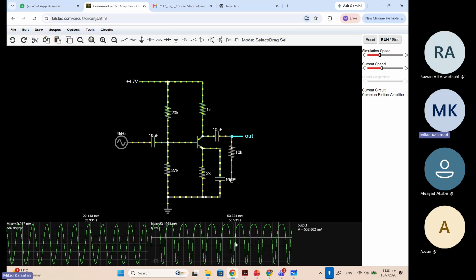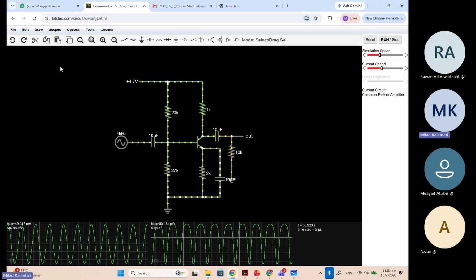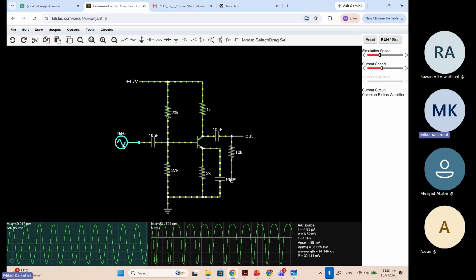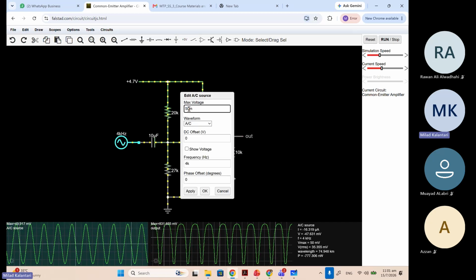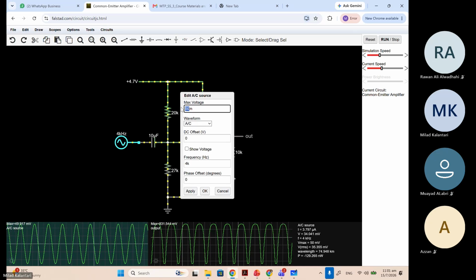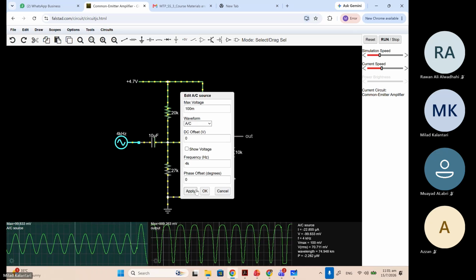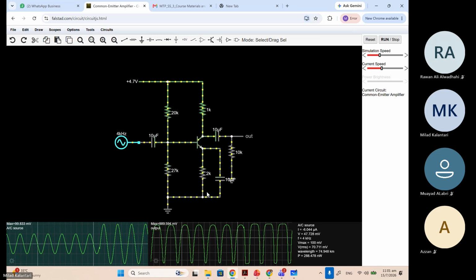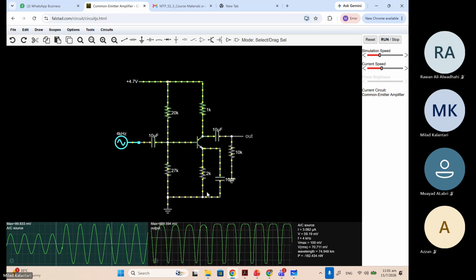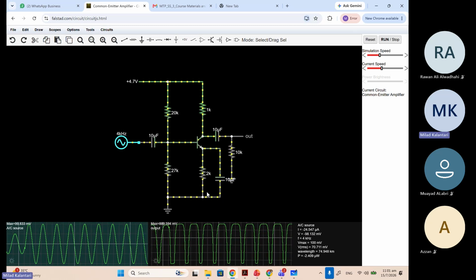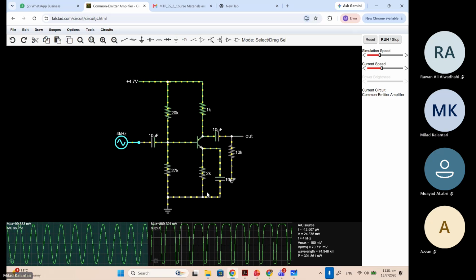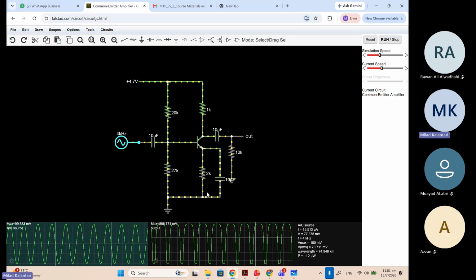So basically, what if I increase the input further? Let's go a bit more even. What is happening? Right?